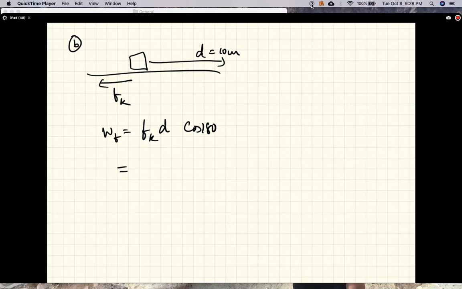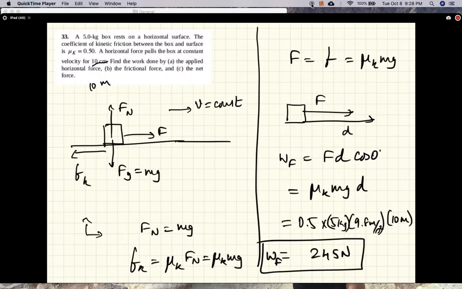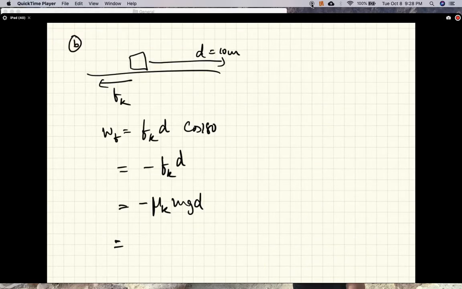As we keep saying, friction always does negative work, so this is minus mu k mg d, and you can see that this number is exactly the work done by the applied force, except that it's negative. So the work done by frictional force is negative 245 joules.